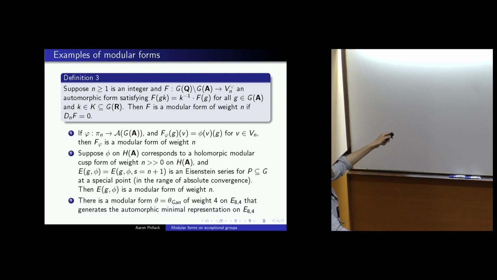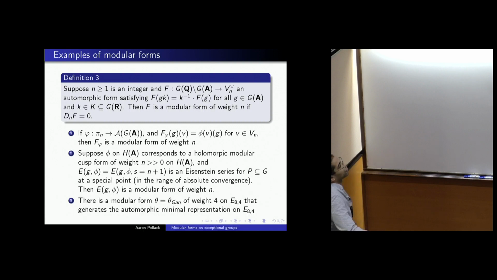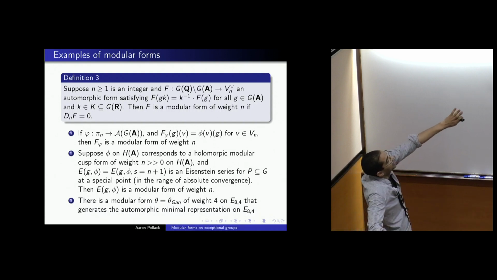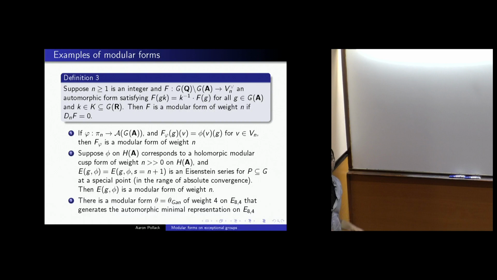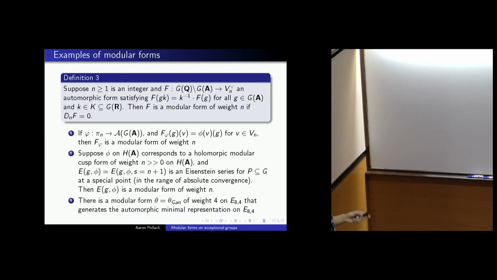So if you take a holomorphic modular form on GL2, then you can form an Eisenstein series on G2 from that holomorphic modular form. And if the weight is sufficiently large, then at a very particular point, s equals n plus 1 in the normalization that I'm using, this Eisenstein series becomes a modular form of weight n in this setup.